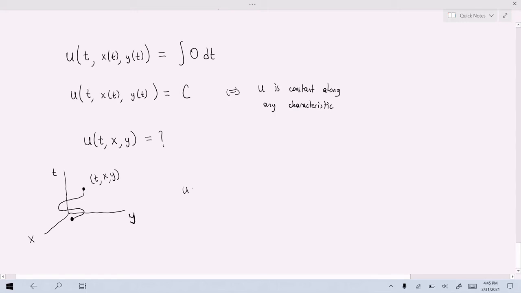So u evaluated at this point t, x, y should be equal to u evaluated along any other point on the characteristic, since u is constant. In particular, it'll be equal to u evaluated at this initial point.